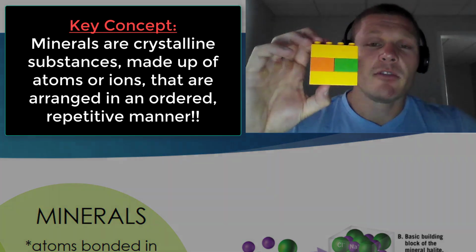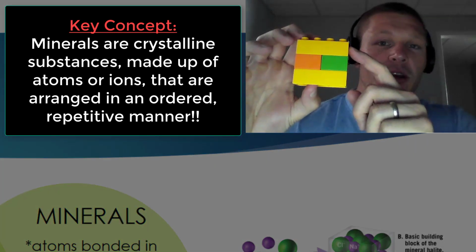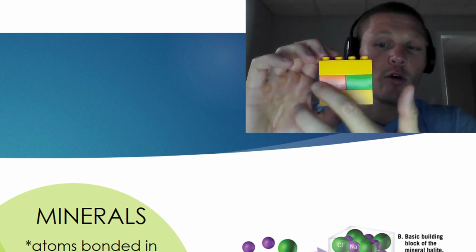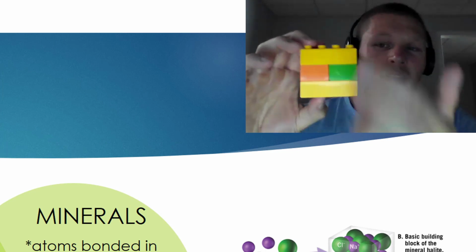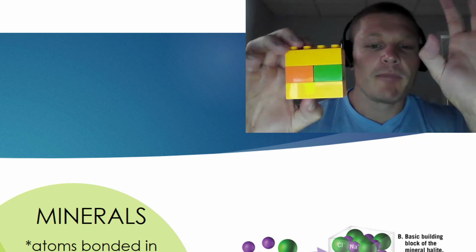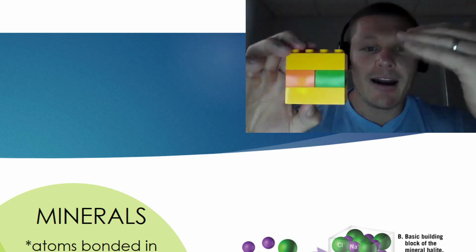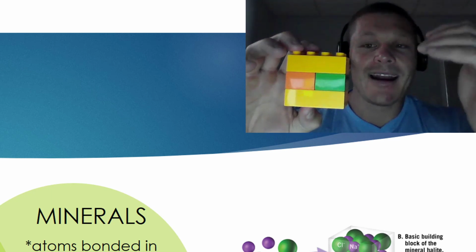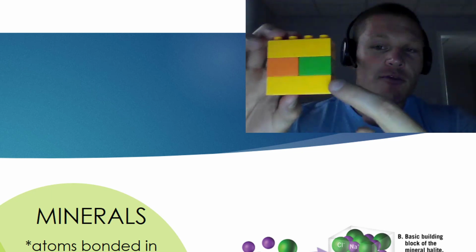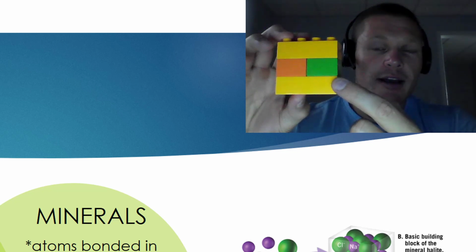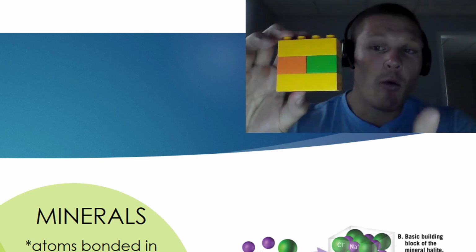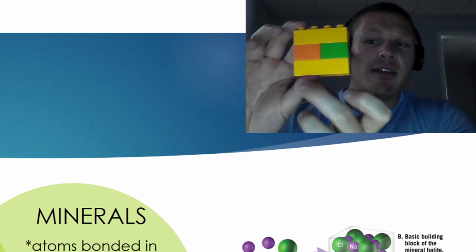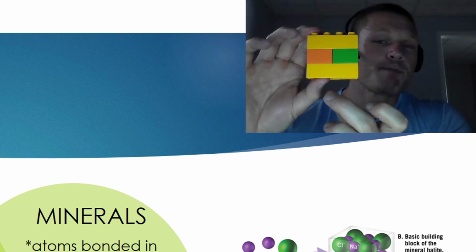In this Lego model, the very top Lego is a long yellow piece. The next two pieces below, you have a green piece and an orange piece, smaller. And then we get back to a long yellow piece. So if you imagine that these are atoms in a mineral, you can see that they're bonded in a regular, repetitive pattern, where if I show you this bottom yellow long Lego, you'd probably predict that below that one, if this were to be a larger mineral, you'd have a small green Lego here, and then a small orange Lego over here.